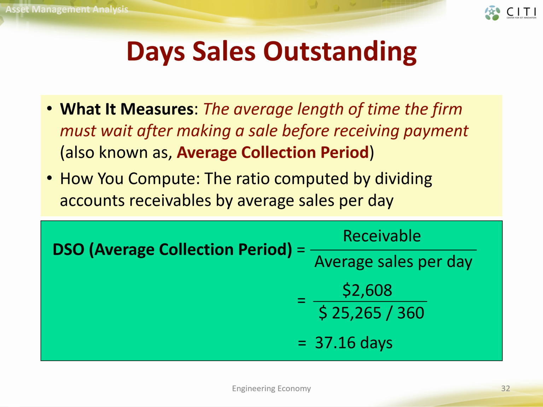And we can look at something called days sales outstanding. Basically, again, you sell a lot of items, and on average each day you sell a certain amount, and there is still a lot of revenue that you haven't recovered back.